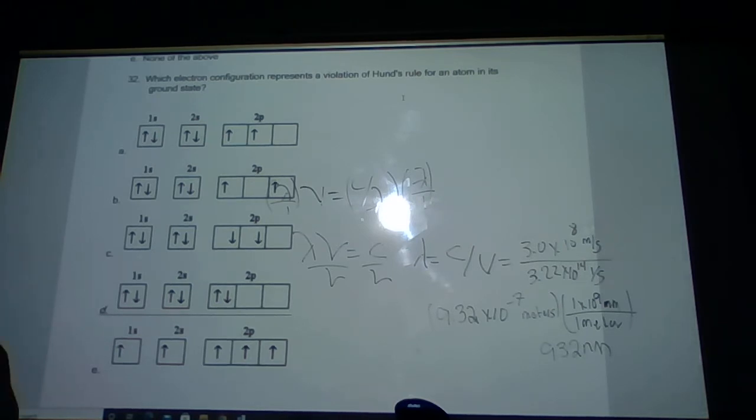Which ground state electron configuration represents a violation of Hund's rule for an atom in its ground electronic configurational state?